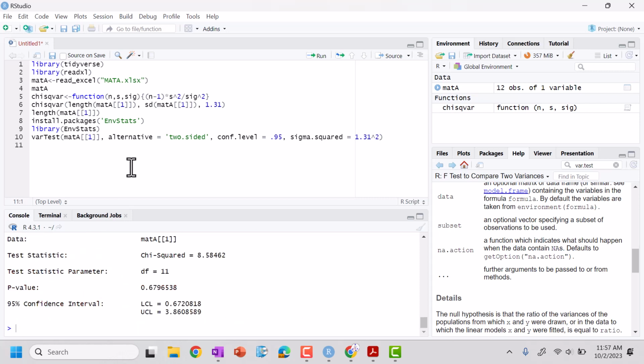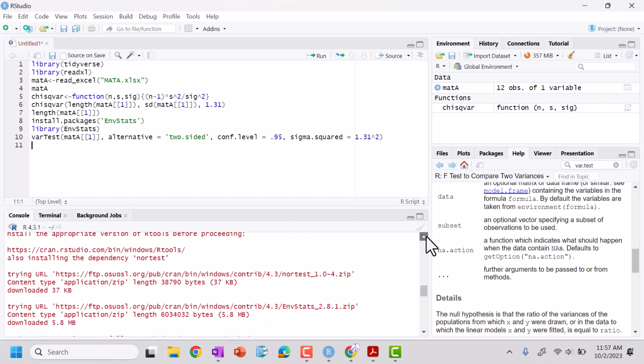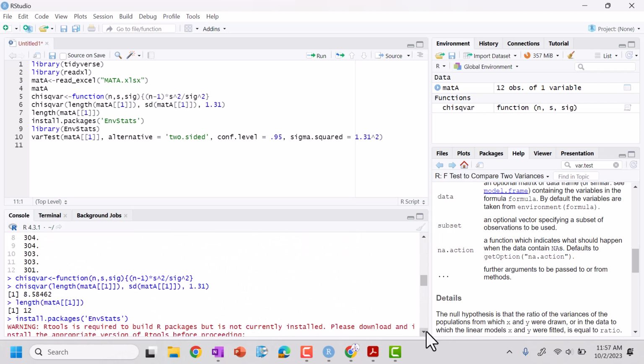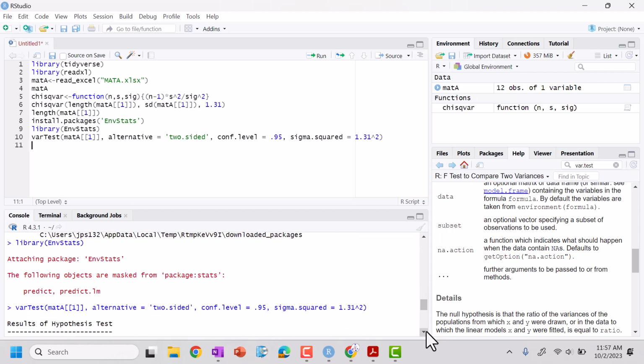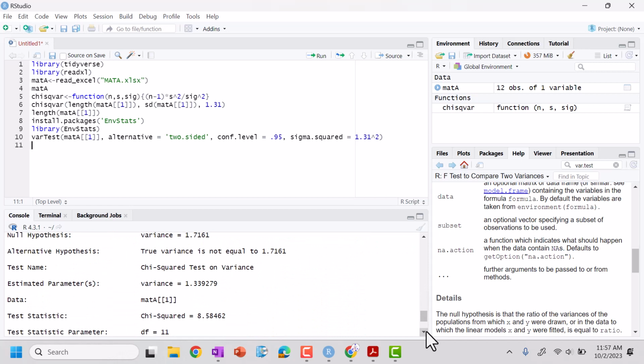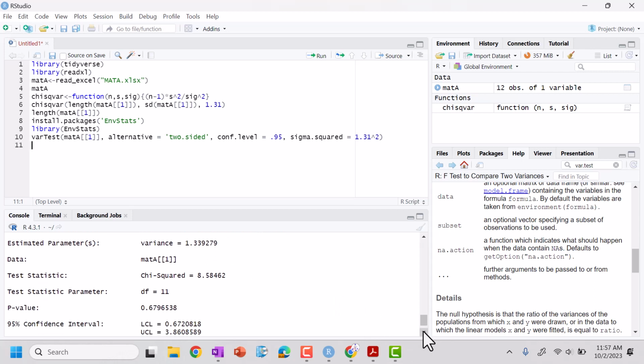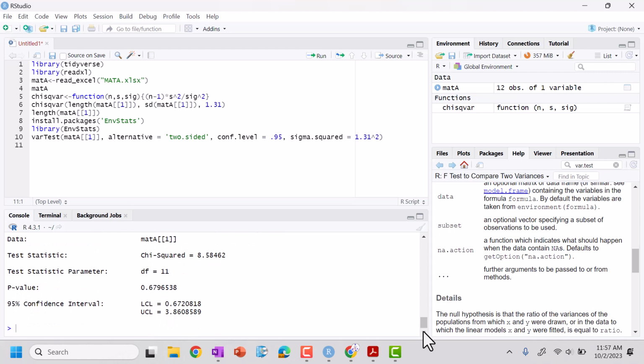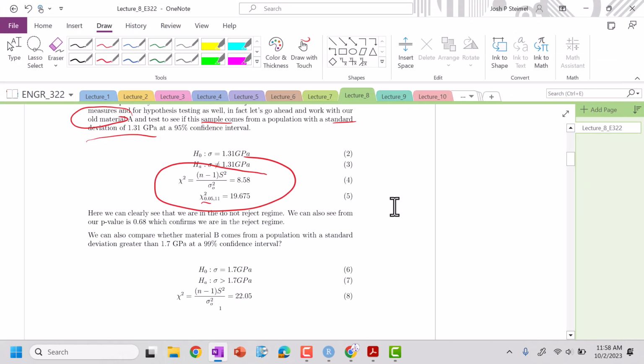If we click on it, we see that our chi-squared is exactly what we calculated previously, which is excellent. We can see the 8.58. The variance is at 1.31 because, again, sigma squared. Degrees of freedom is 11. Excellent. The p-value is not less than 0.05, so it must be in the do not reject regime, which is consistent. Fantastic.